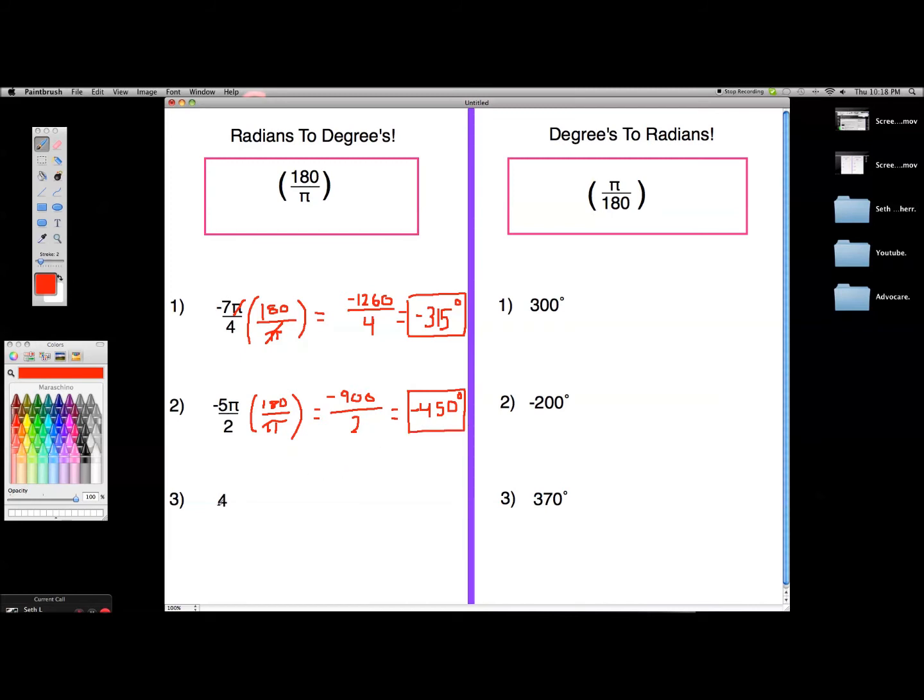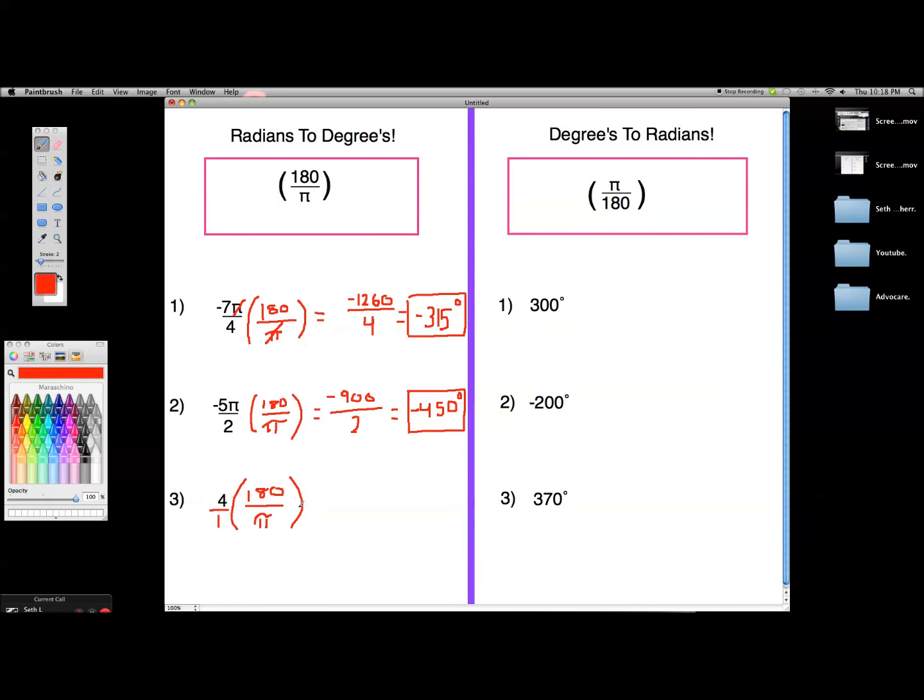And then this is the same type of problem, just some people get confused because it's not in fractions when most radians are given in fractions. So you do the same thing. You do 180 over pi and multiply by the 4. And if you get confused, just make this a fraction. 4 over 1 equals 4.